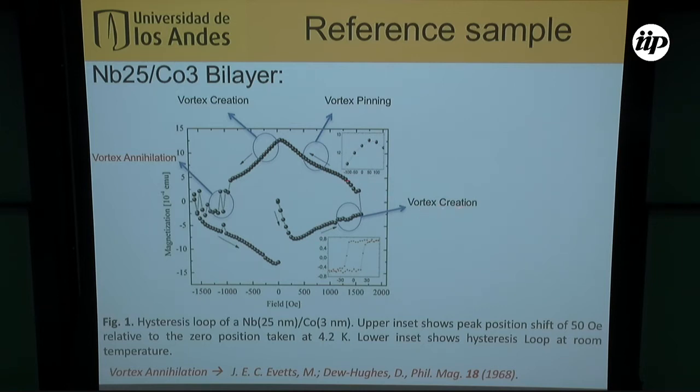Then you go back, you have vortex pinning, and then again on the other side you have vortex creation in the opposite direction, and then vortex creation and annihilation, as you can see here in the most obvious example. This phase is very important for you to remember for what I'm going to show you later on.